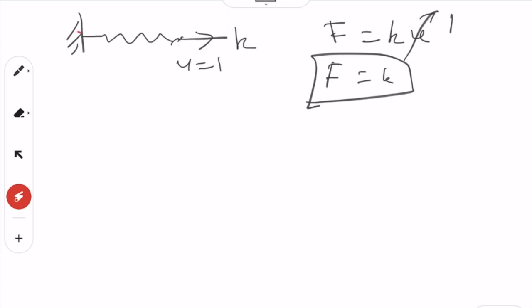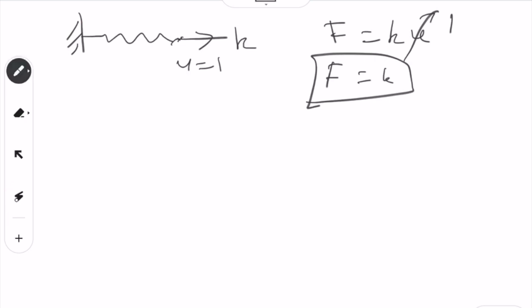Similarly, applying displacement here, measuring force here, and applying displacement here and measuring force here. So, that means it has a little bit different meaning, but this is just an extension of what you did earlier.